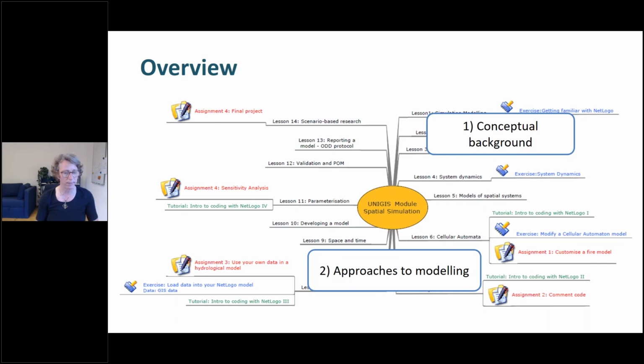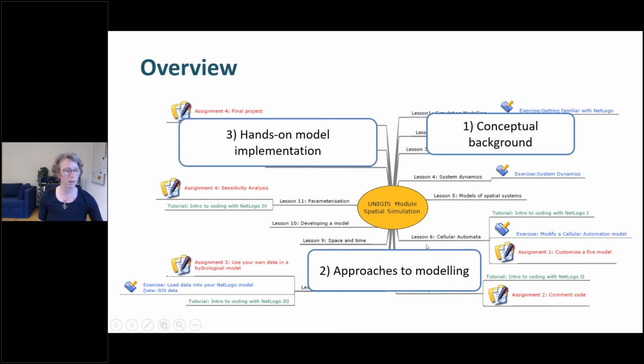Traditionally, modeling systems was only focusing on non-spatial systems simply because it was computationally easier and doable. Only in the last maybe 20 years, we've really become good at modeling spatial systems over time. And then the third part is hands-on model implementation.